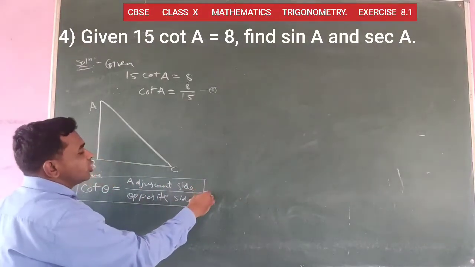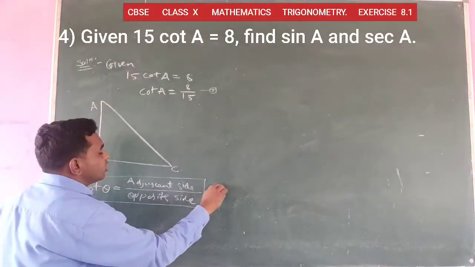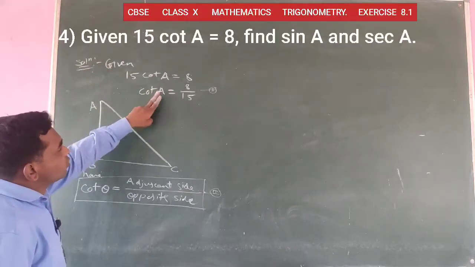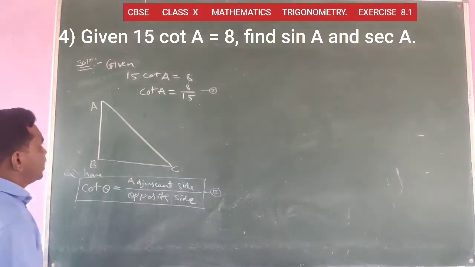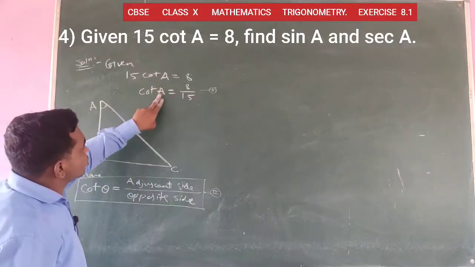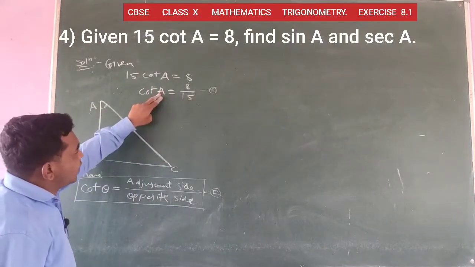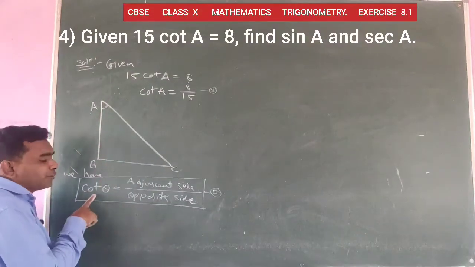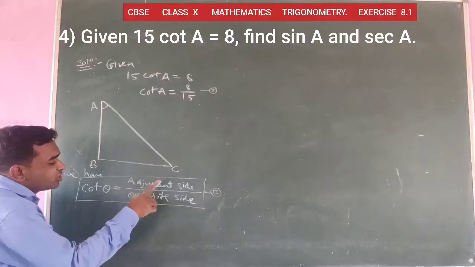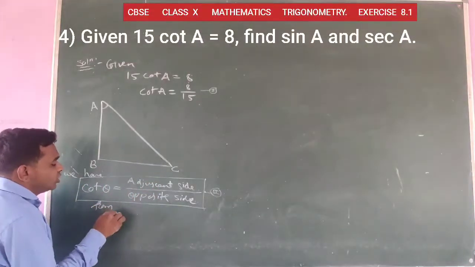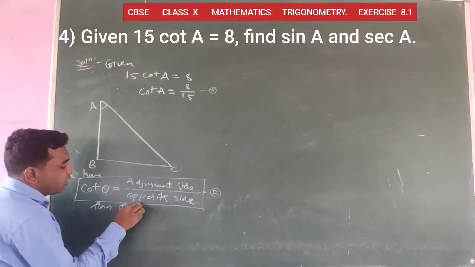We write it down as equation number 2. After that, firstly concentrate on this angle A. According to the position of the angle A and the formula of the trigonometric function cot theta, adjacent side upon opposite side, from equations 1 and 2.